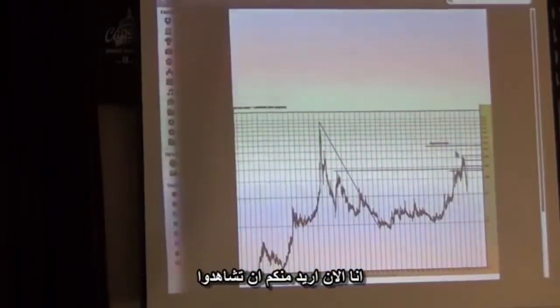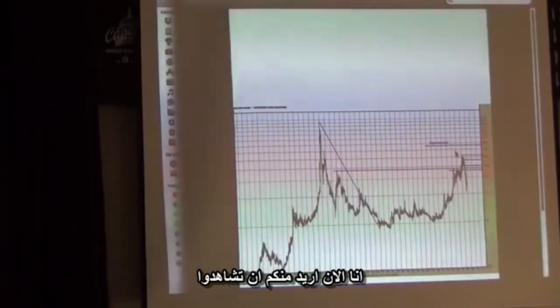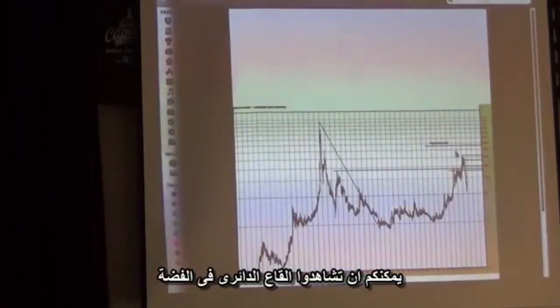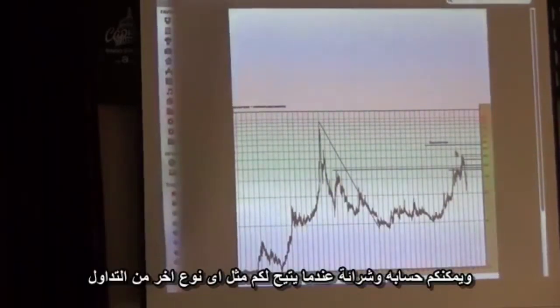Right now, what I want you to see is a particular kind of bottom that speaks to the technician, and which is an advertisement of an unparalleled trading opportunity. You see the rounding bottom in silver, and you can compute it and you can buy it.